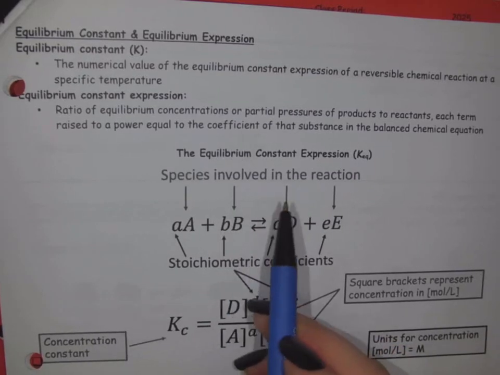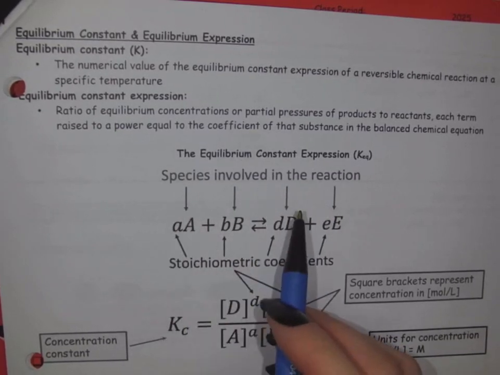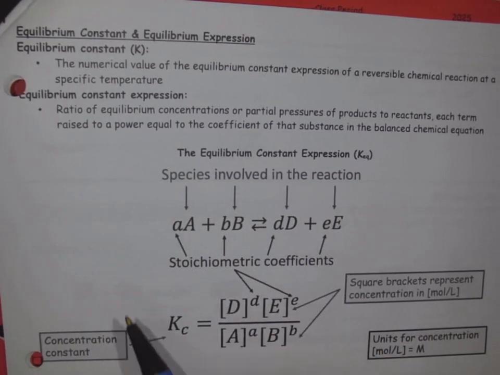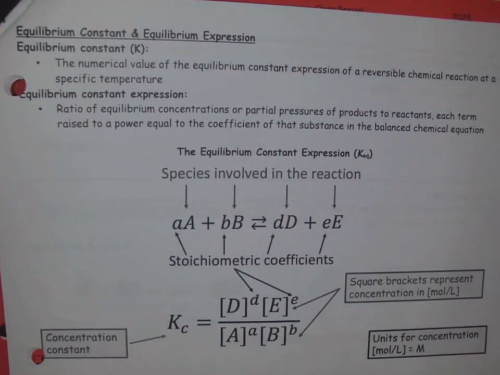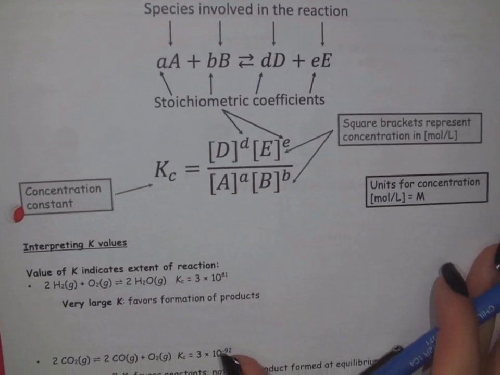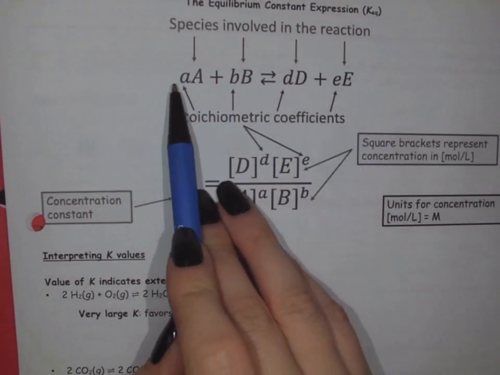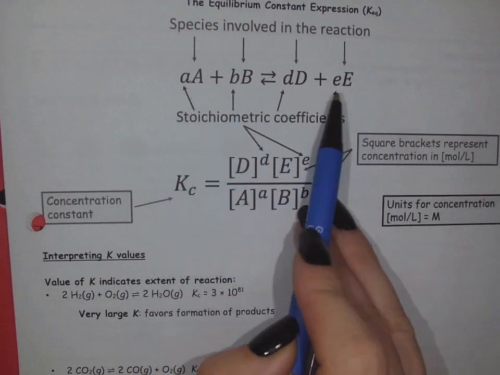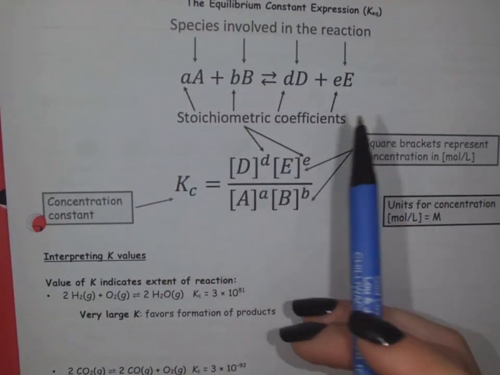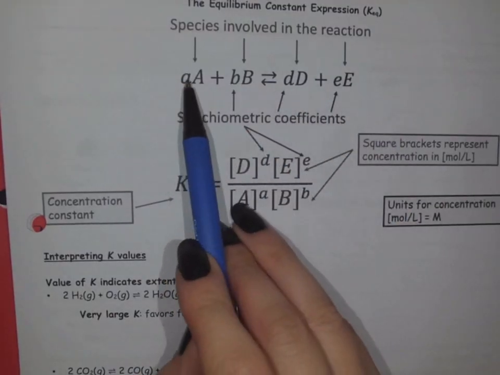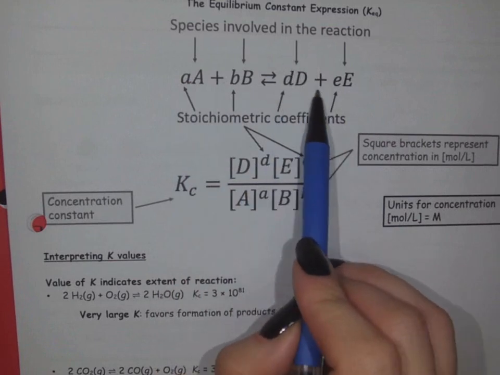And then we have an equation to help us. So if you look at a balanced chemical equation, we can write an equilibrium constant, K, for when equilibrium is reached. What's really cool is the way the stoichiometric coefficients, the small numbers here, work out.